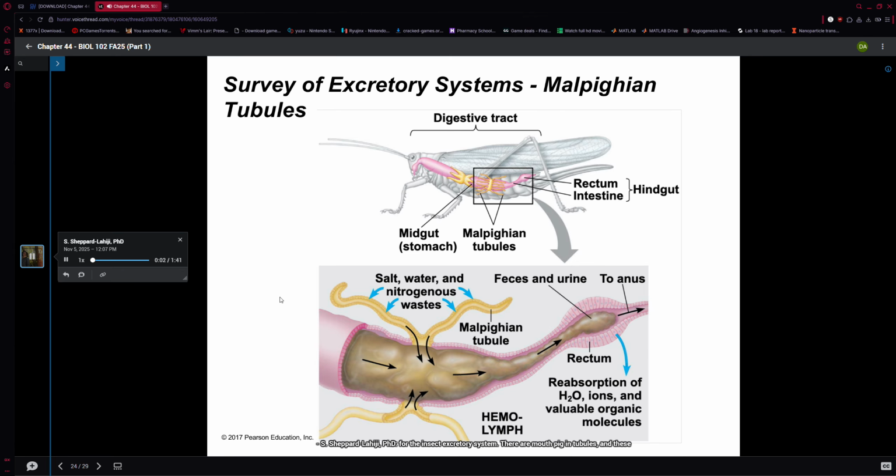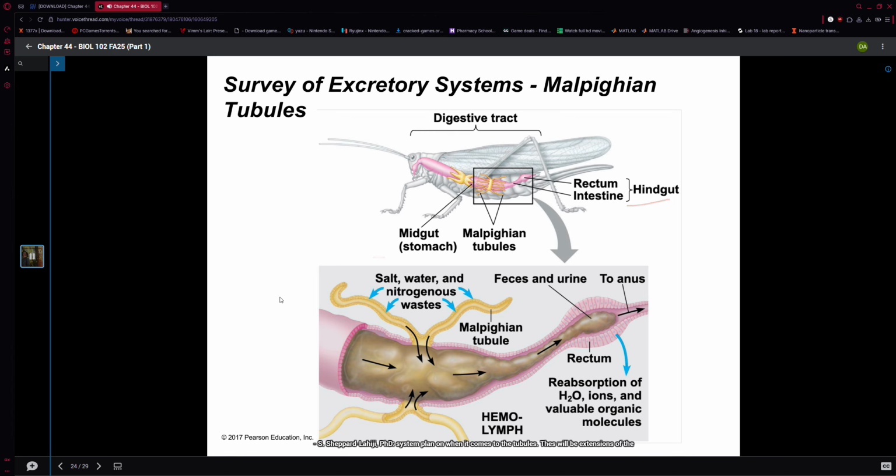For the insect excretory system, there are Malpighian tubules, and these are a bunch of tubes that arise within the midgut. We can see that they extend through to the hindgut, and they'll be surrounded by the hemolymph. As a reminder, the grasshopper has an open circulatory system plan.